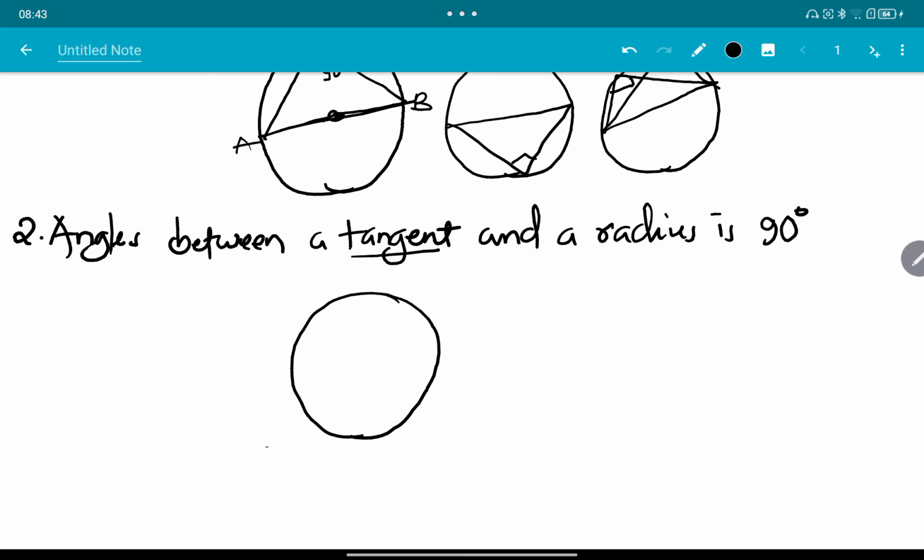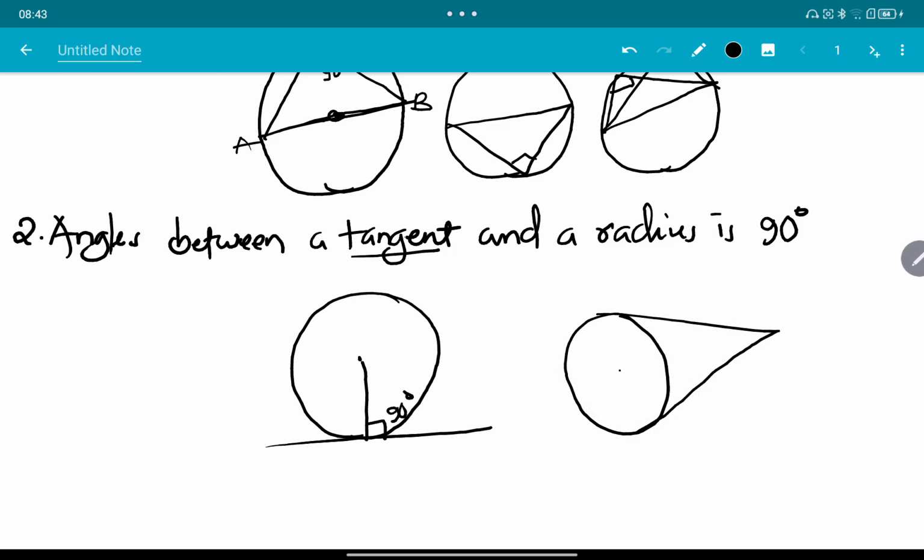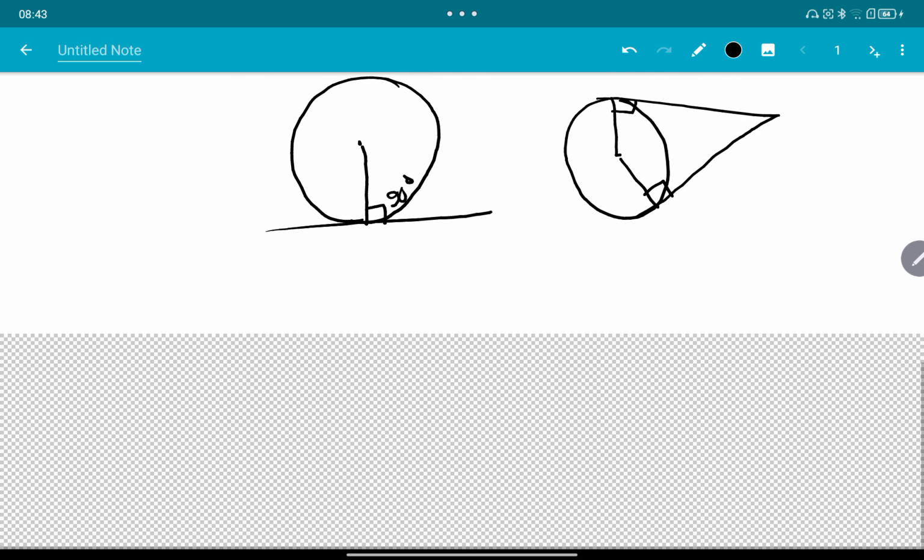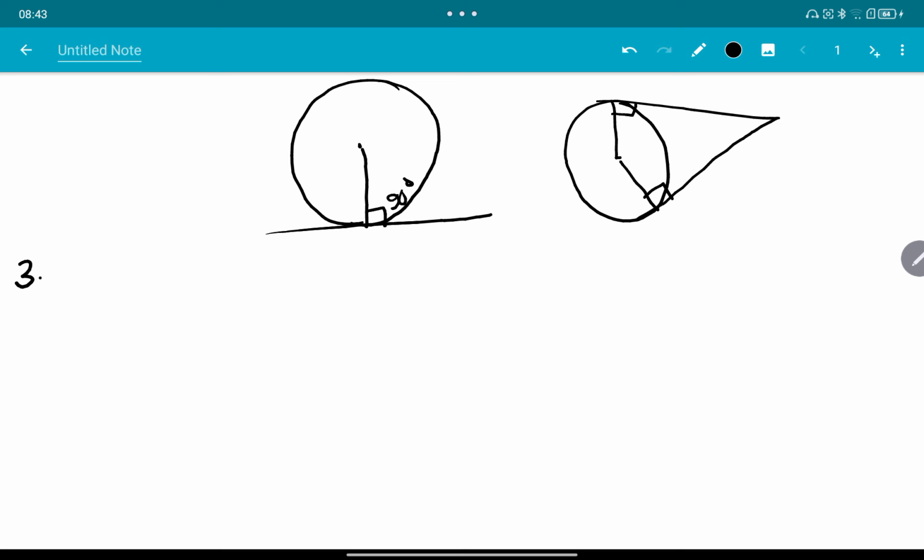So like we have that one is a tangent. And a radius we know moves from the center. That is 90 degrees. And the tangent can be in different positions like that. So long as it's the radius, irrespective of how it appears, the angle between a tangent and a radius is 90 degrees.